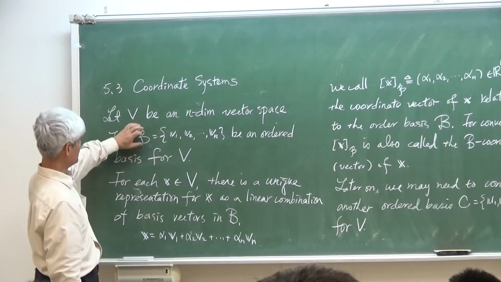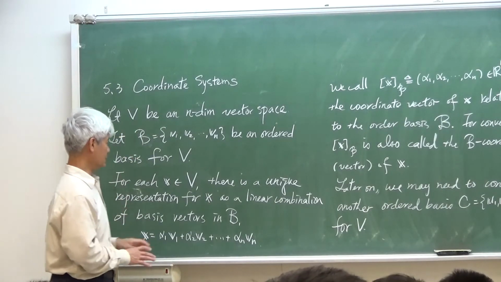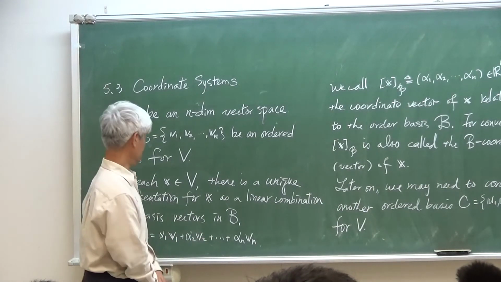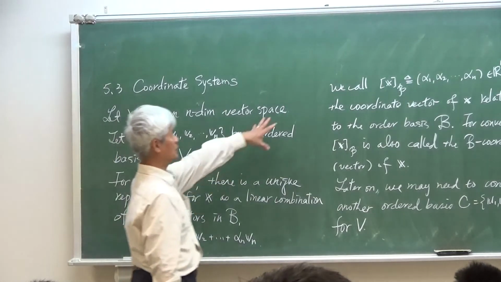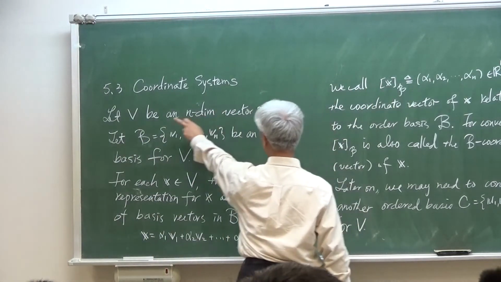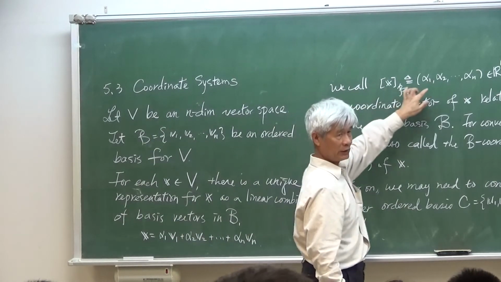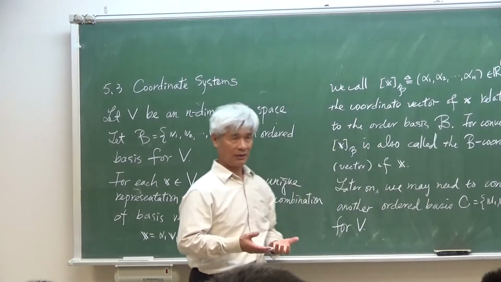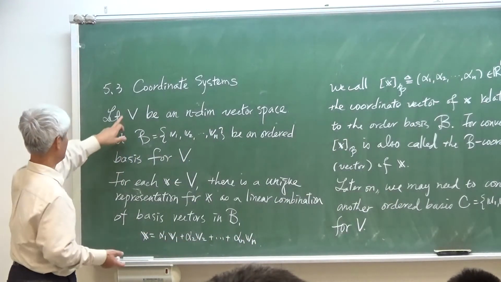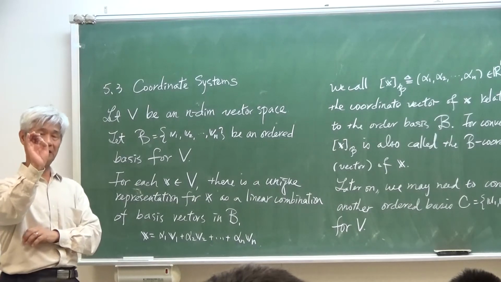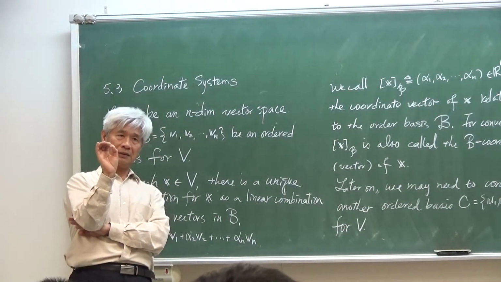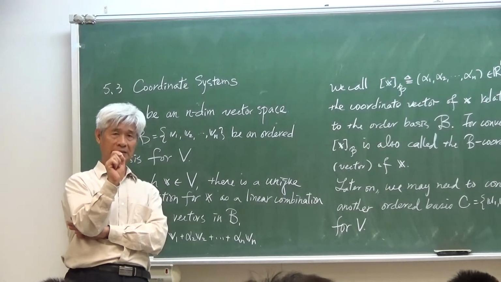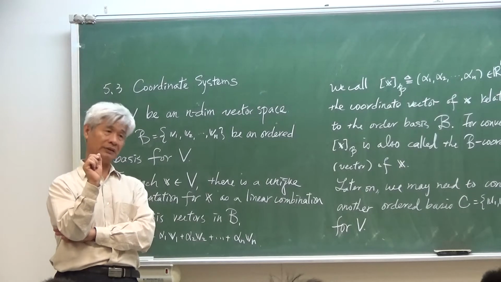So with the basis, we can establish a coordinate system. So for every vector in the vector space V, we have a coordinate vector. That means that we establish a coordinate system for V, because every vector can be represented by a coordinate vector. And any coordinate vector is just a vector in the n-dimensional linear space.